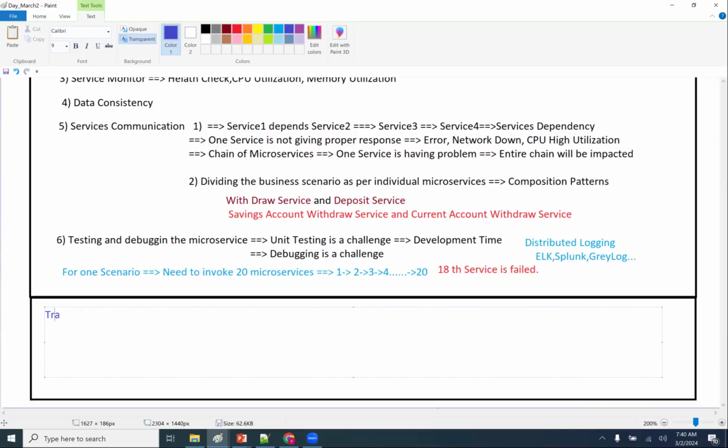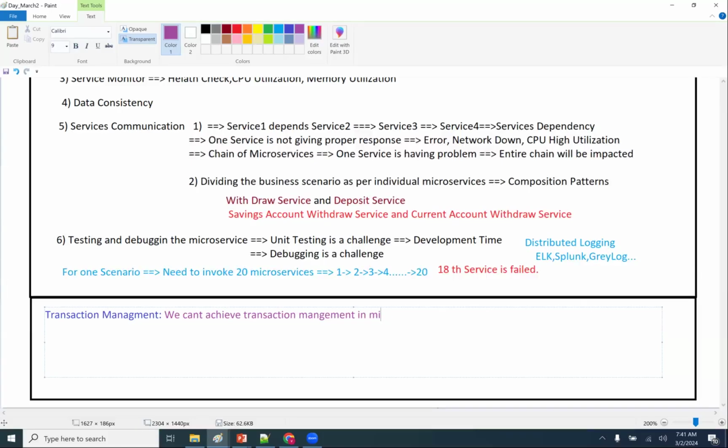Transactional, or I can say two-phase commit or transaction management, we cannot achieve transaction management in microservices.